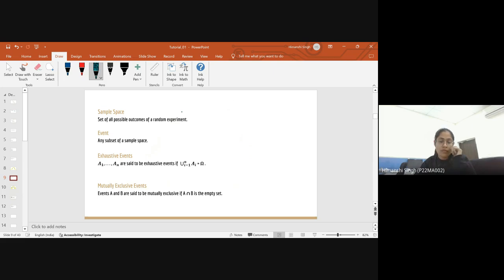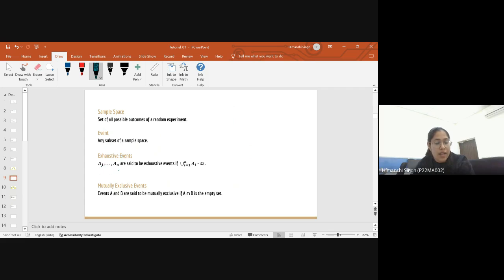And now, some of the basic terminologies which were given, like sample space. What is a sample space? It is the set of all possible outcomes of a random experiment. What is an event? Any subset of a sample space, we'll call it an event. Now, what are exhaustive events?